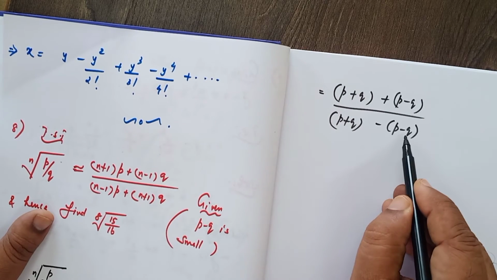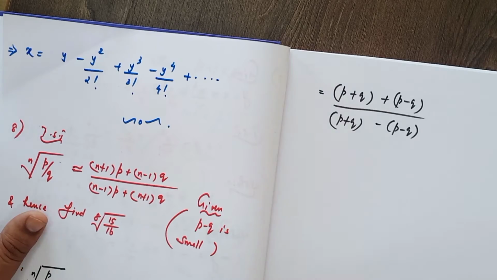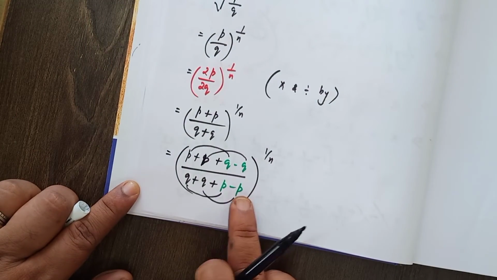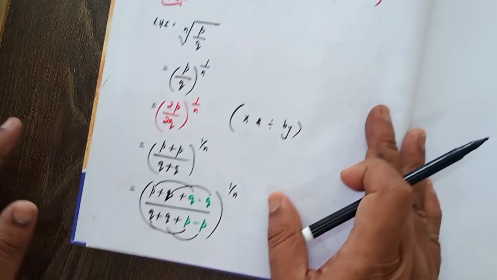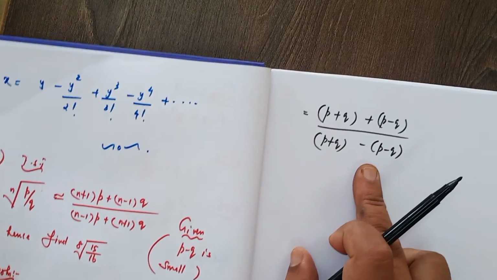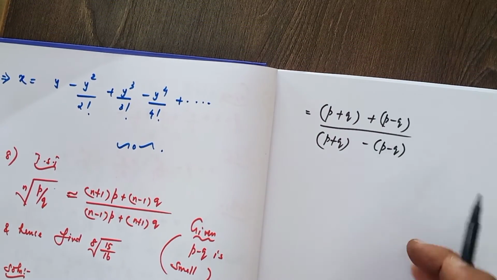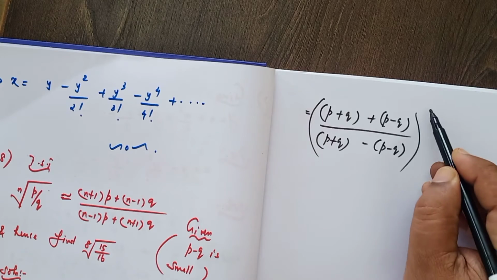If you multiply minus into minus, plus q, minus p, q minus p. So once again q minus p and minus of p minus q are the same. Now whole power 1 by n.